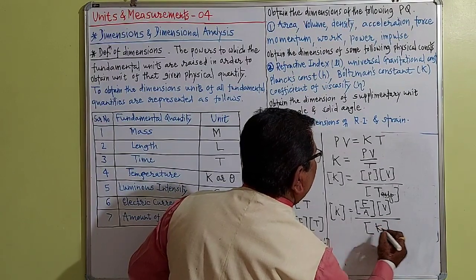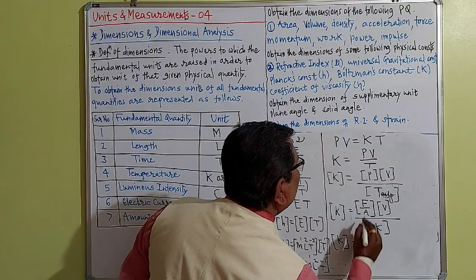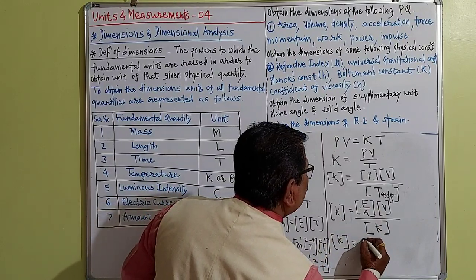Temperature is denoted by K. So the dimension of K, the Boltzmann constant, is equal to, what is the dimension of force?